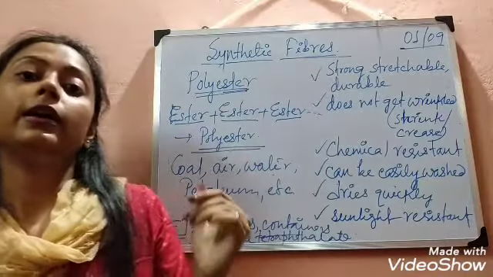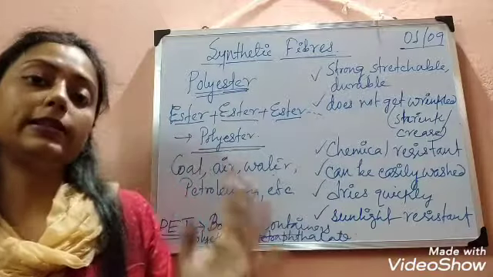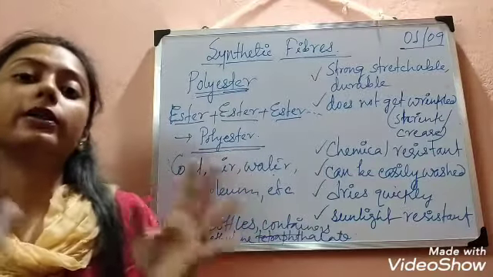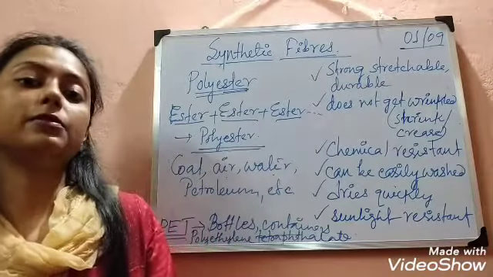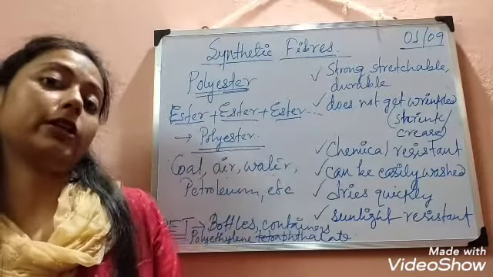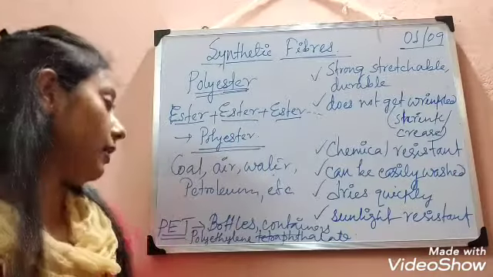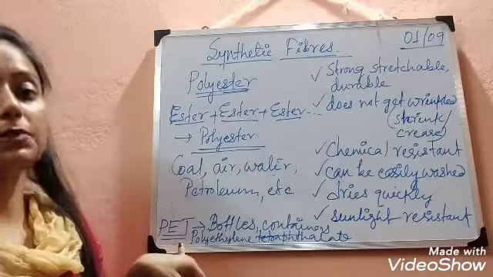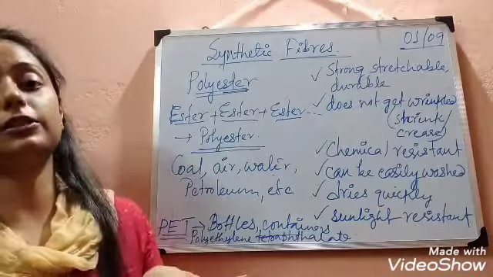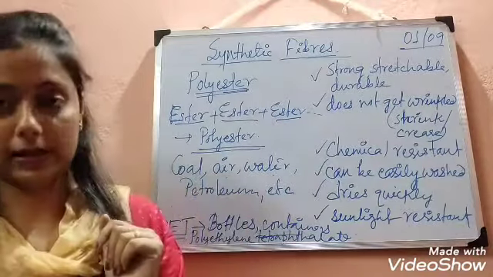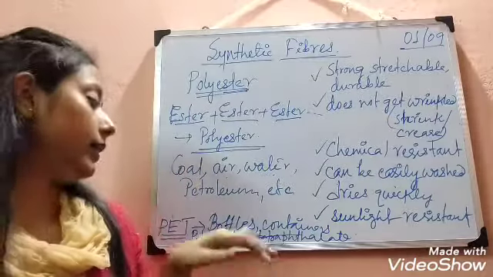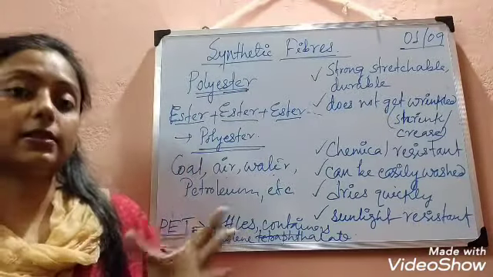That means if we use polyester to make umbrellas, carpets, tents or parachutes, they will not be affected by the sunlight. And there is a new term, PET, that is polyethylene terephthalate. This is a derivative of polyester and is used very frequently in bottles and plastic containers.